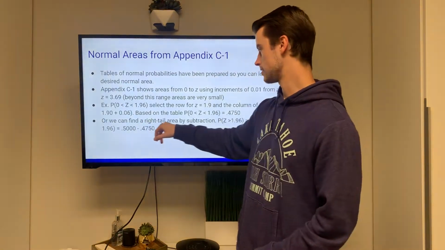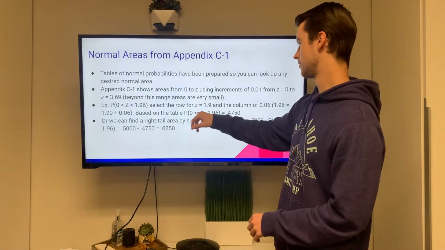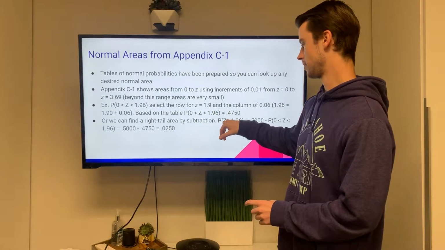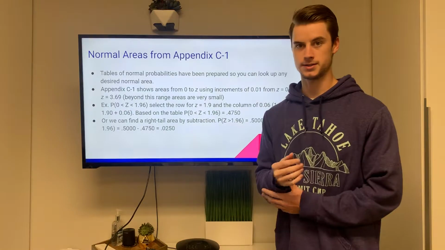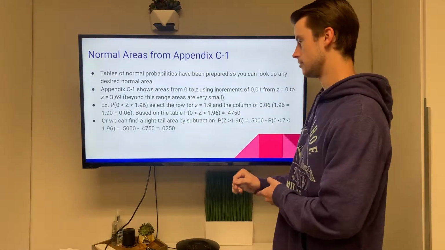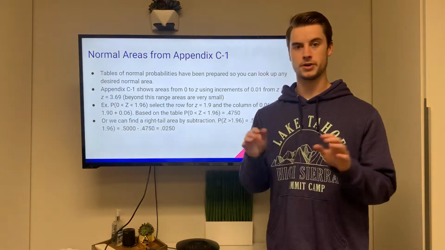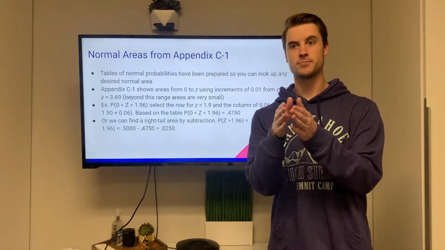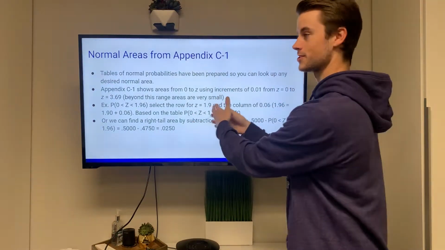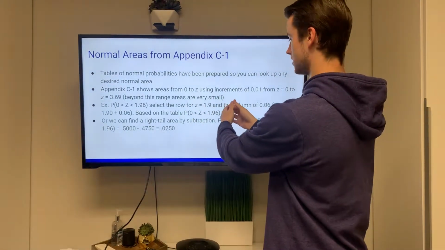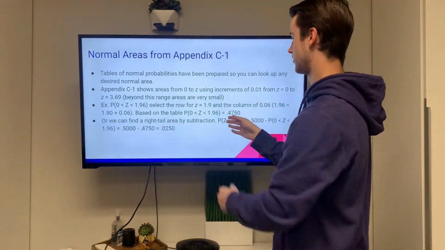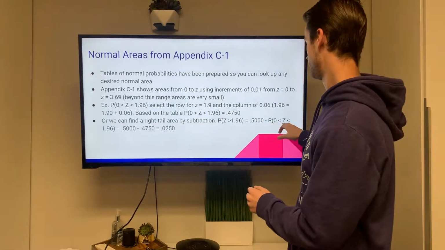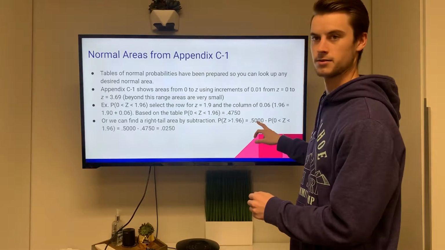Or we can find a right tail area. Instead of looking at this interval, I can find the probability of z being greater than 1.96. I would think about a normal bell-shaped curve, where the mean is right in the middle, so 50% of the data is to the right and 50% is to the left. To find everything beyond 1.96, I can just take this interval and subtract it from 0.5.